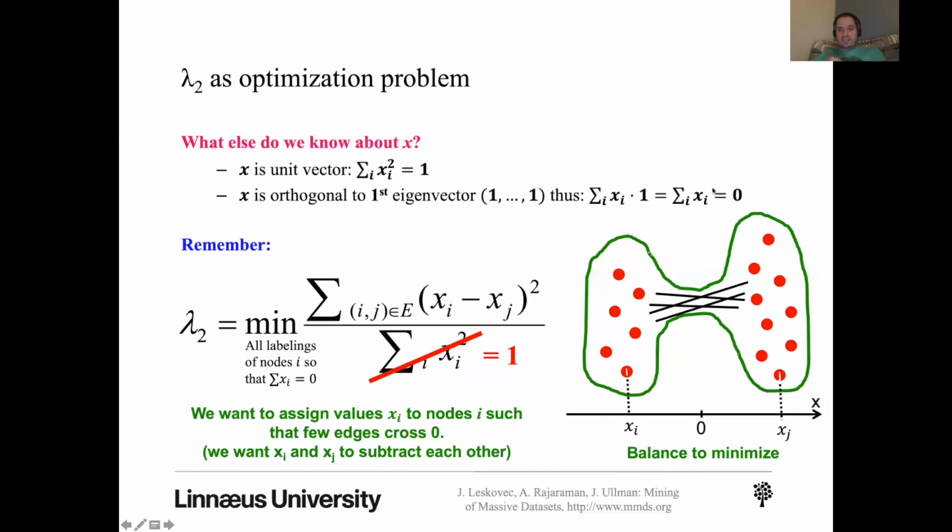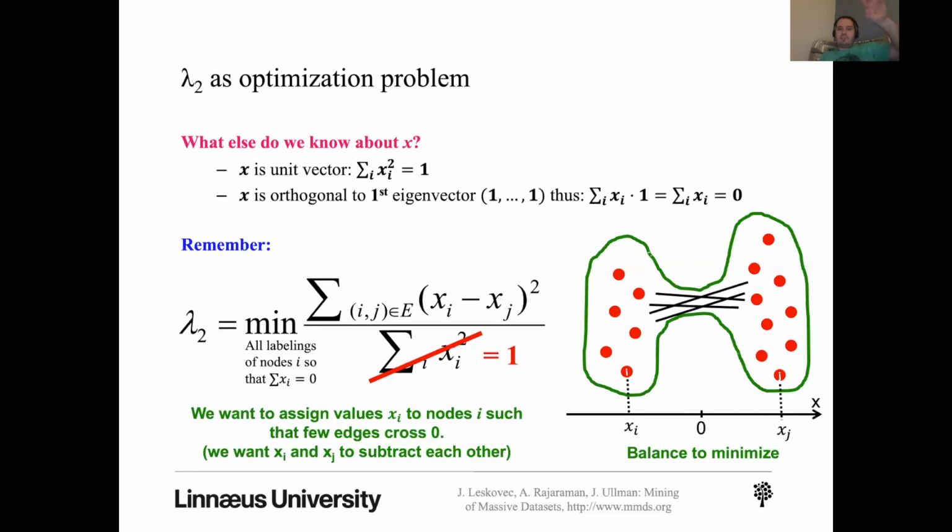And this is where it gets interesting. Because if the sum has to be 0, then necessarily either all values are 0, which is not what we want, and that's not actually a valid eigenvector. But if that's not the case, then when one element of the vector is positive, there must be another one that's negative to balance it out so that they sum to 0.